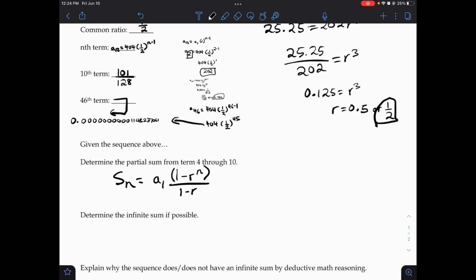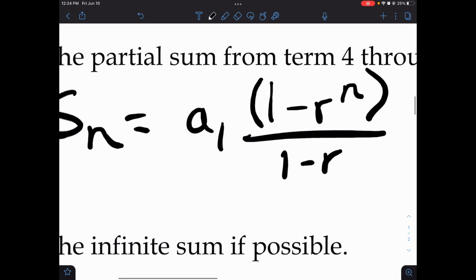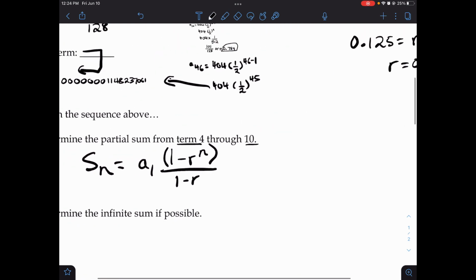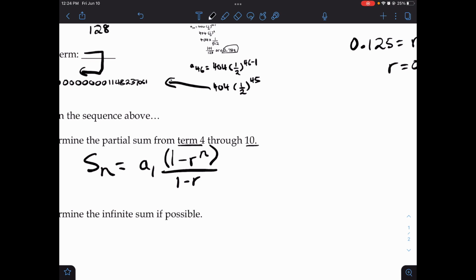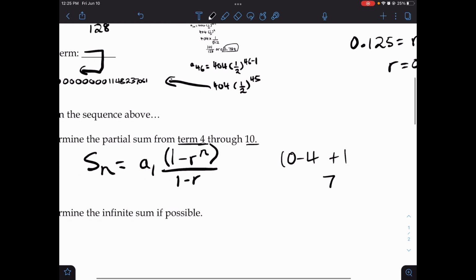Our a sub 1 is 404. So we're finding the partial sum from term 4 through term 10. An easy way to find how many terms there are is to do 10 minus 4 plus 1. So we have 7 terms.